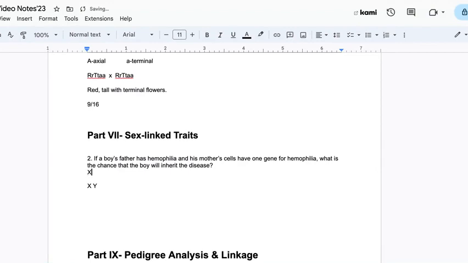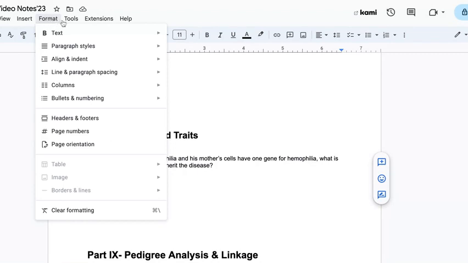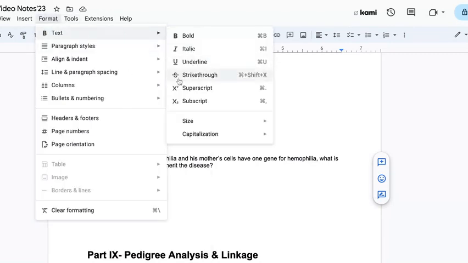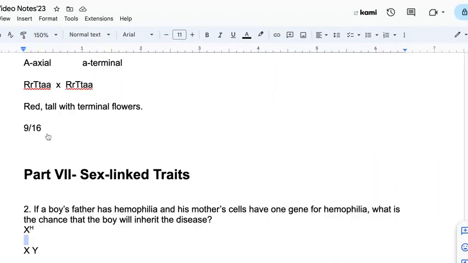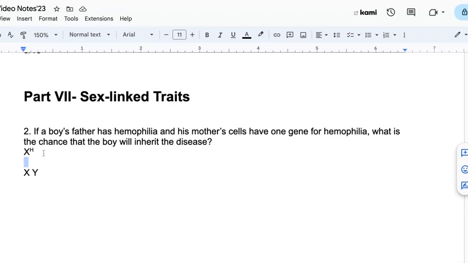You can be X big H, which should be a superscript H. Maybe I'll zoom in. That looks a lot nicer. So that is the genotype.